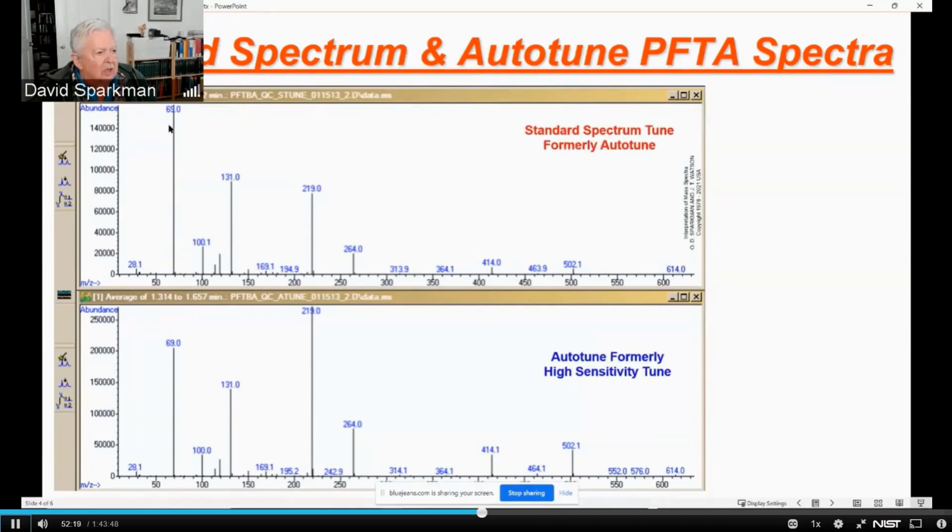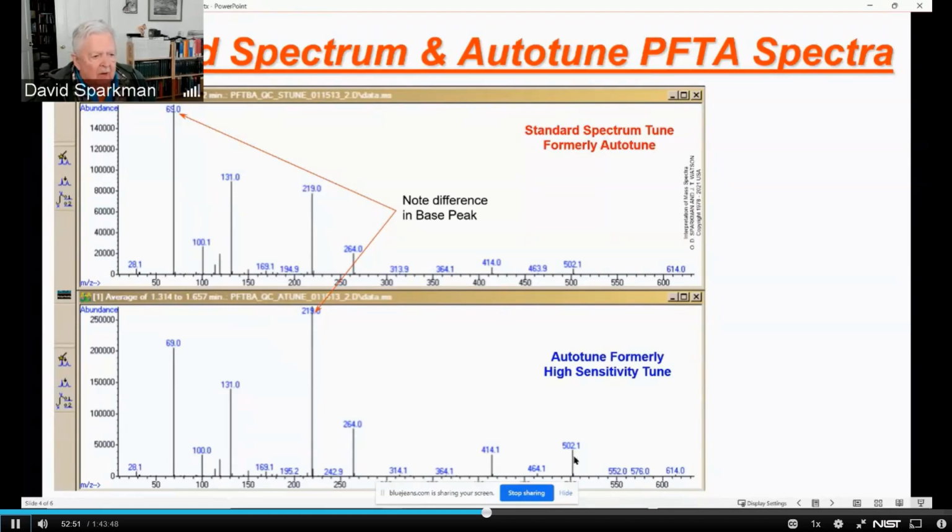And we see 69 as the base peak, and we see 219 about 60% of 69. The high sensitivity tune, which is now called auto tune by Agilent, has 219 as the base peak, and 69 is about 80% of 219.